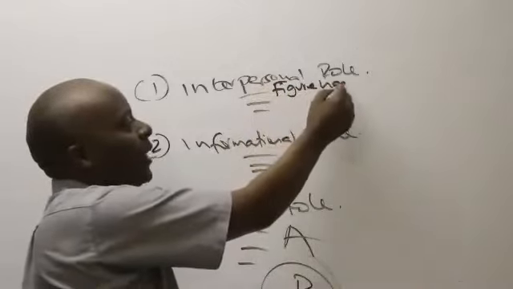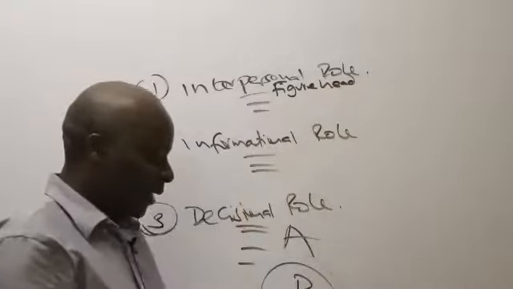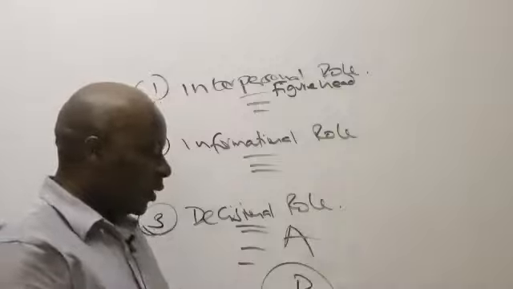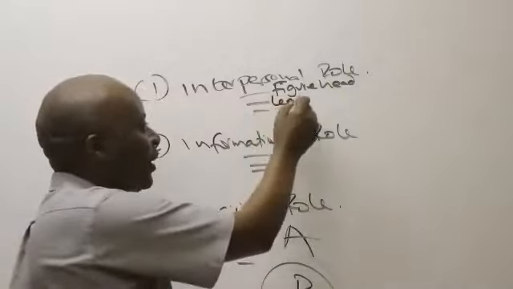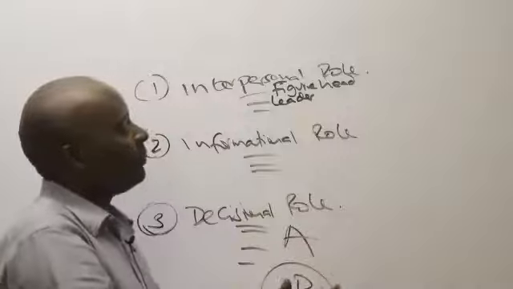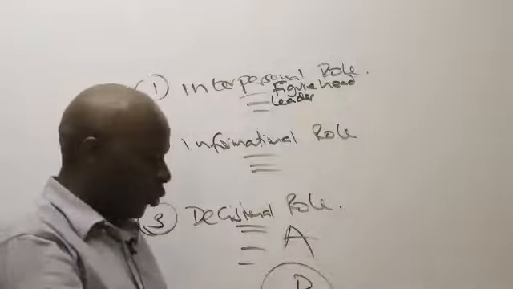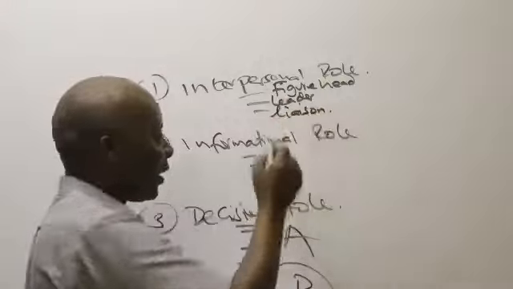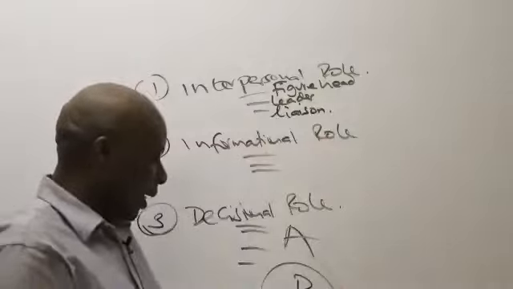Somebody who is respected by everybody in the company, right? A figurehead. Of course, in this case, interpersonal, you must be what here? You must be able to lead a team. People should be able to trust you. And then, of course, we have the concept of what here? Liaison role.